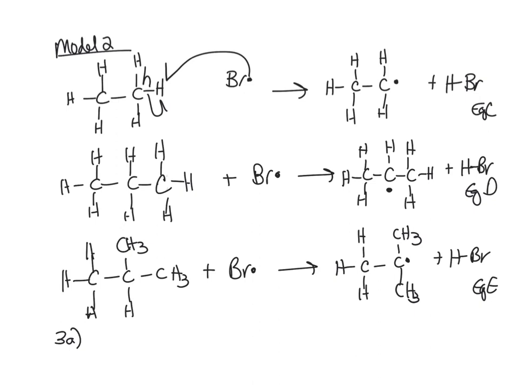All right, so let's answer question 3A. In the reaction of a bromine radical with the alkanes in Model 2, what new bond is being formed? With the bromine, so we see the bromine here. Where does bromine go? So what did you write? HBr, hydrobromic acid.